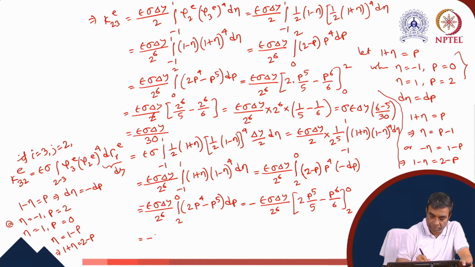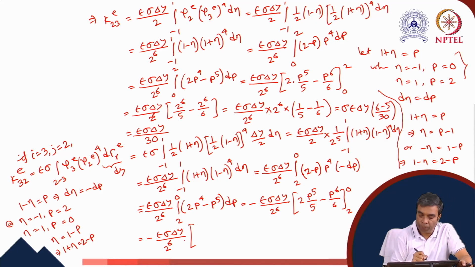This gives us minus epsilon sigma delta y divided by 2 to the power 6 into, by putting p equals 0, the first part becomes 0. So we are left with 2 into minus 2 to the power 5 by 5, then the next portion will be plus 2 to the power 6 by 6.